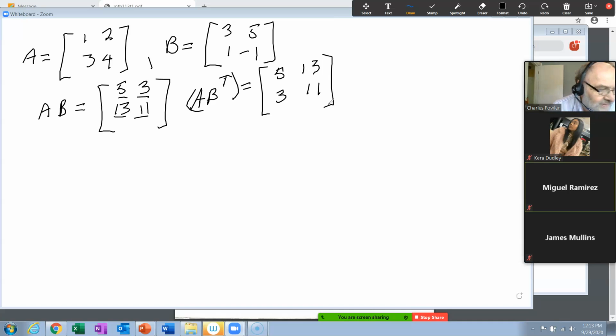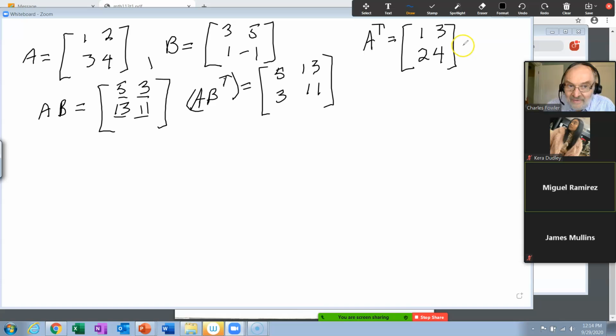Next thing it asks for is A transpose times B transpose. Well, A transpose would be 1, 3. You tell me, what's the next part? Anybody? Okay, I was asking for A transpose.